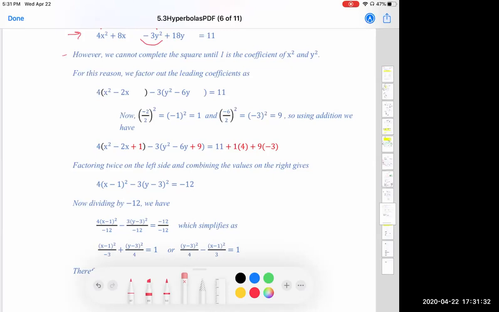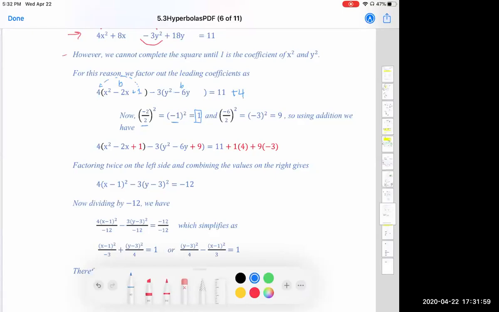Now that we have that, we can go ahead and complete the square. Label your b. Your b is always the number that's next to your variable that's not squared. So for our x's, if I divide it by 2 and square it, we're left with 1. So I'm going to add a 1 and multiply it by the outside, so I know to add 1 times 4.